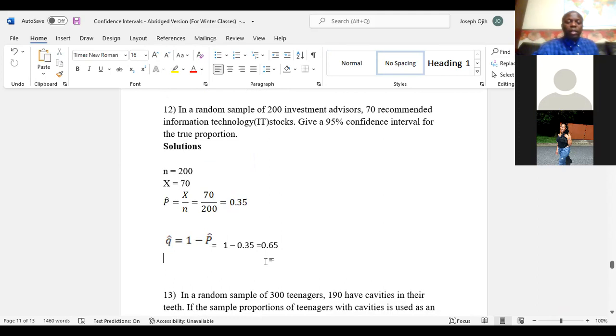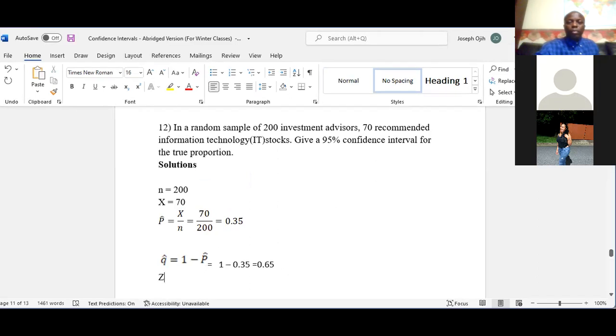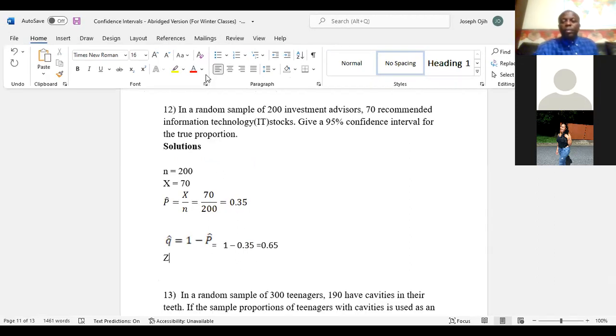From the previous example that we did last time, I showed you that for 95% you can get the critical value, z alpha over 2, from the table. My computer is freezing up. If it's not in the table, you can estimate it by yourself.